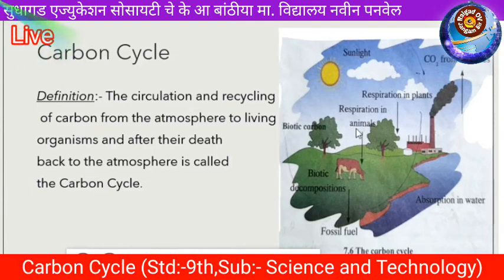The plants are eaten by animals, and after the death of plants and animals it is again released into the atmosphere, and in this way the carbon cycle goes on continuously.